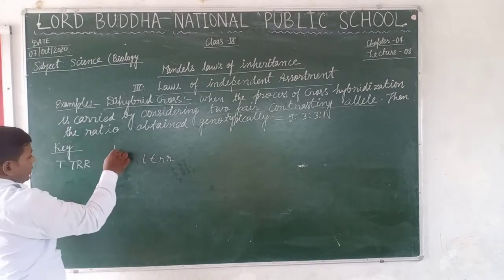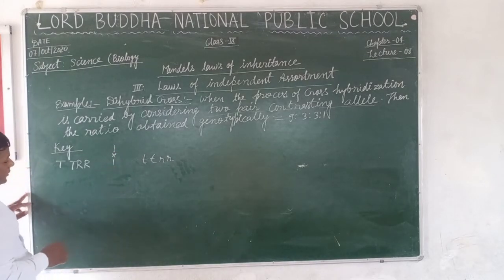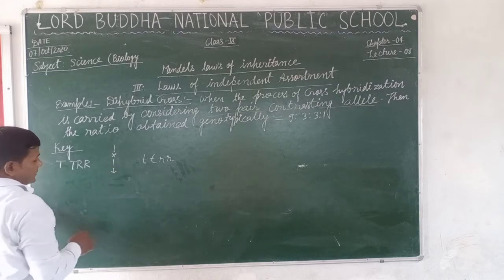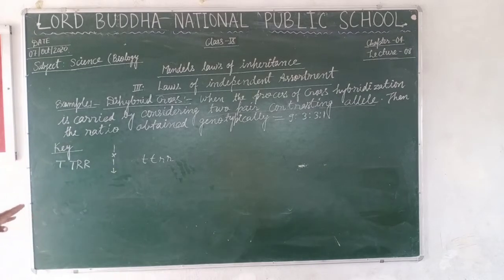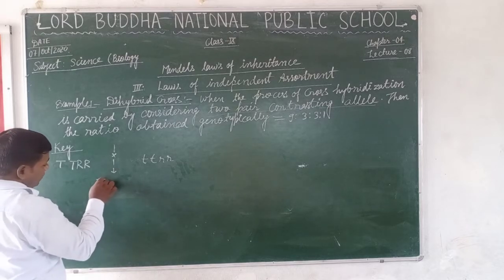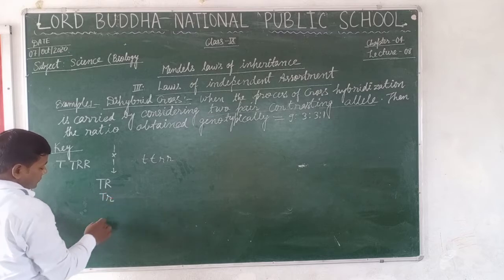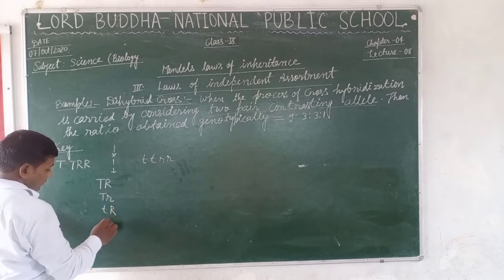When cross hybridization is made, the possible alleles obtained are capital T capital R, capital T small r, small t capital R, and small t small r.